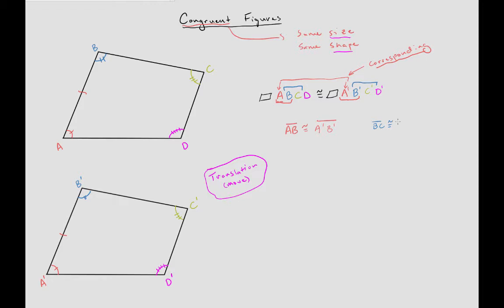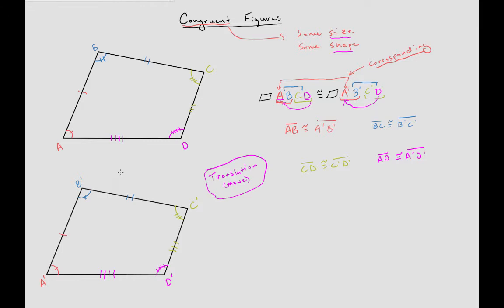BC is congruent to B prime C prime. CD is congruent to C prime D prime. And lastly, this one's a little harder to notate, but if we go from D and jump back around to A, we get that AD is congruent to, and we do the same thing here, A prime D prime.